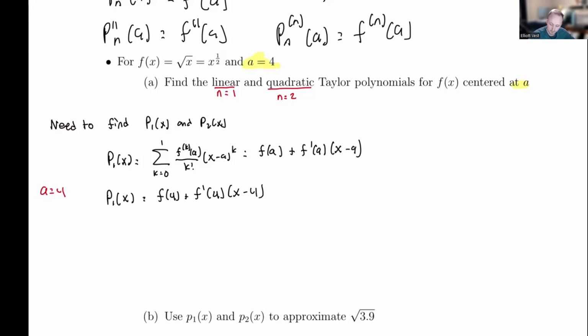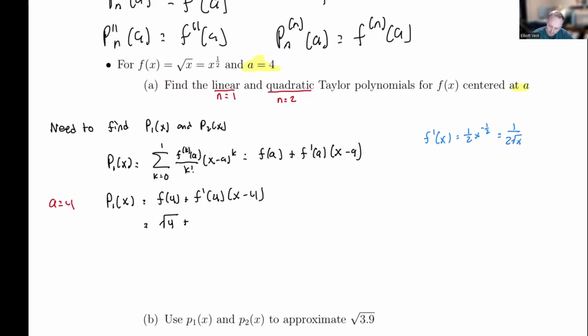I know my a is equal to 4, so for this specific problem, I can simplify what my function is going to be by just plugging in 4 where I need to plug in 4. This is the square root of 4 because my function is the square root function, plus, I don't know my first derivative yet, right? What is f prime of x? That is 1/2 x to the negative 1/2, or 1 over 2 square root of x, right?